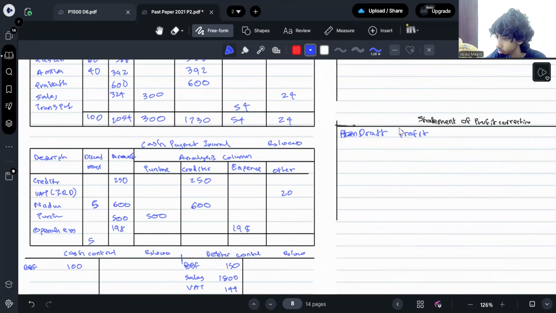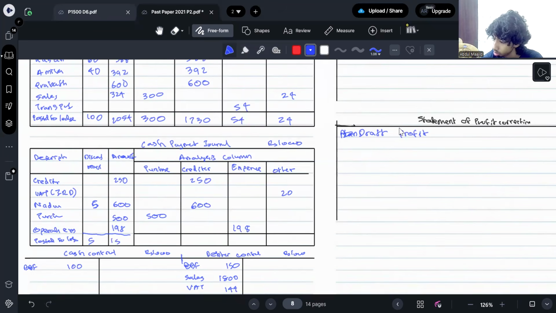5. Here you are supposed to say posted to ledger. Posted to general ledger. Posted to ledger. Okay. 5. 250 plus 600 plus 500 plus 198, 1,005.